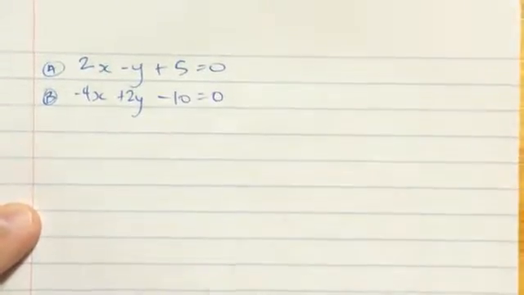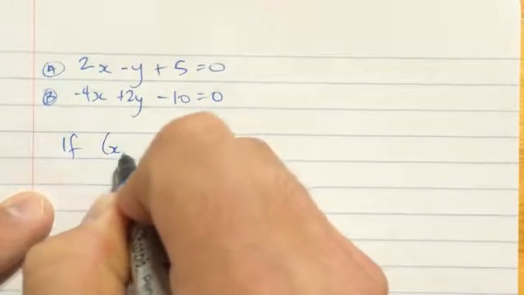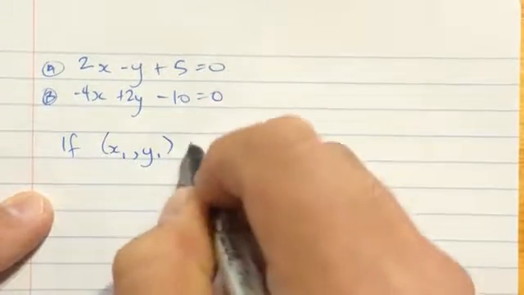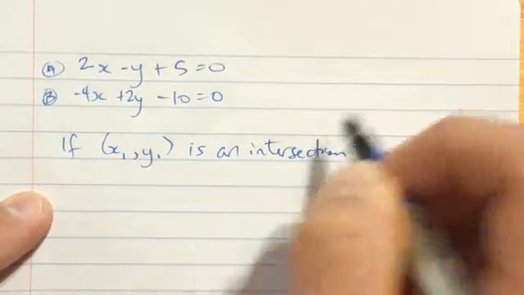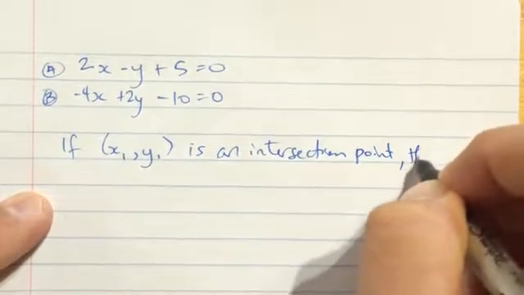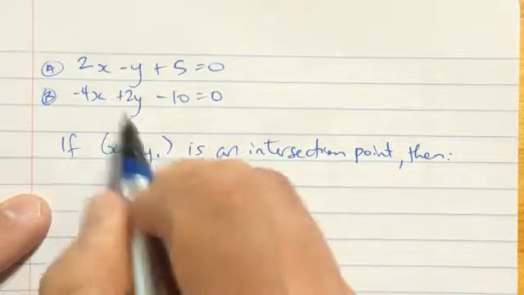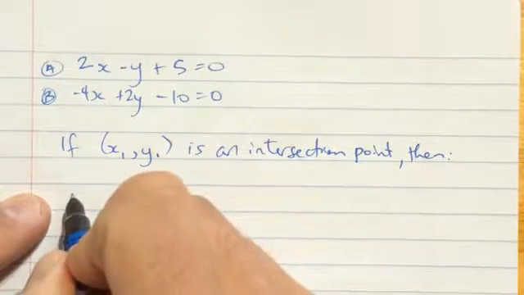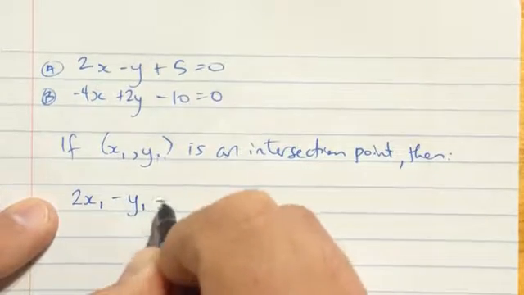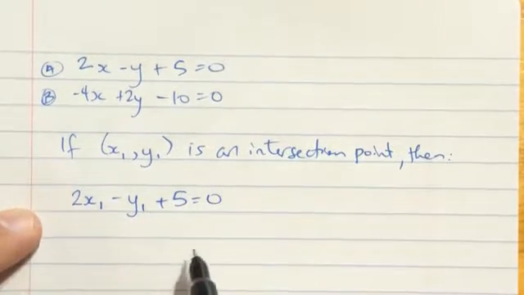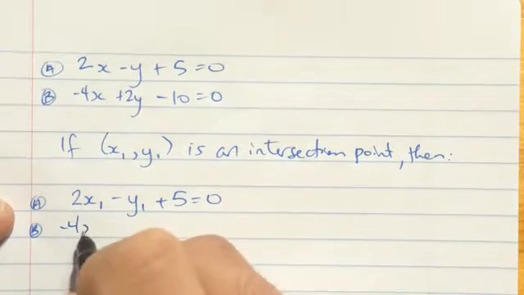Just like before, if we can find some intersection point, x1, y1, then what must be true? x1, y1 must be on the first line, which means it satisfies the first equation. So that must be true. And also, this must be true.